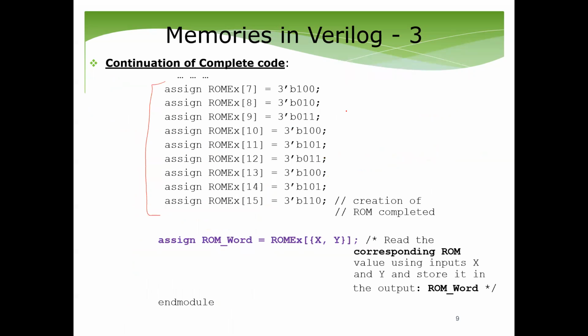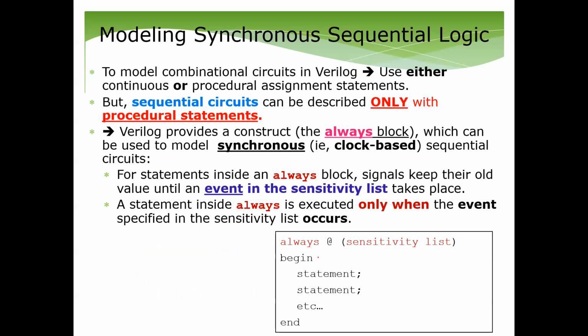Okay, that's the second part. Third and last part is to assign an output to this ROM. So what we do is we read the structure that we created from wires and we pass the address according to the input. Now that's all about ROMs.